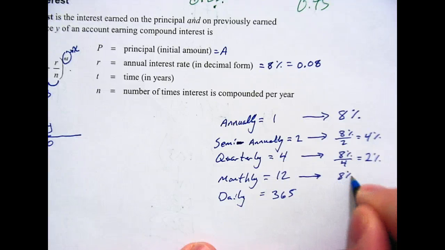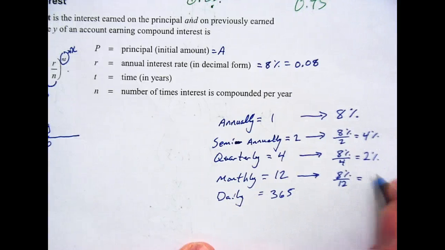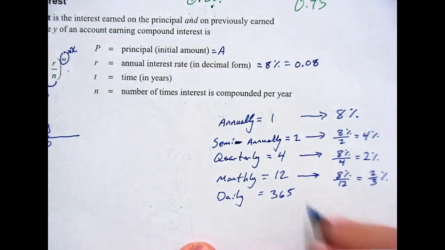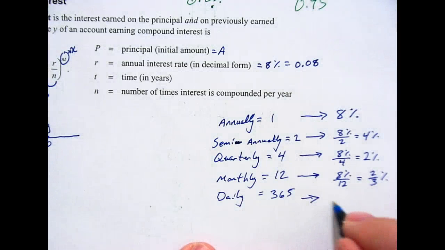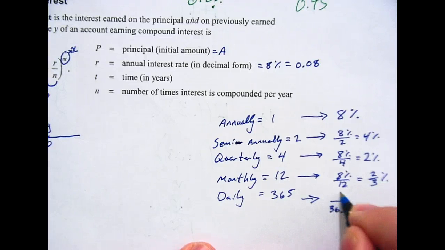So you did 8% divided by 12? Good. 8% divided by 12, you get 2/3 of a percent. And I could do daily. What would I do there? What would this number be? 365. And what's this? 8.